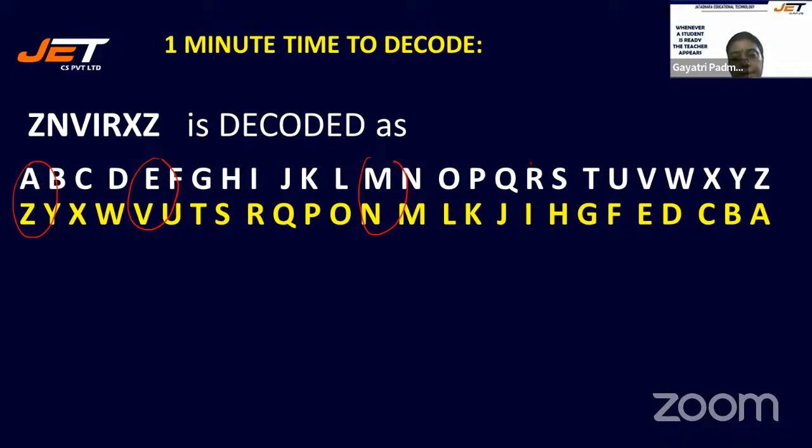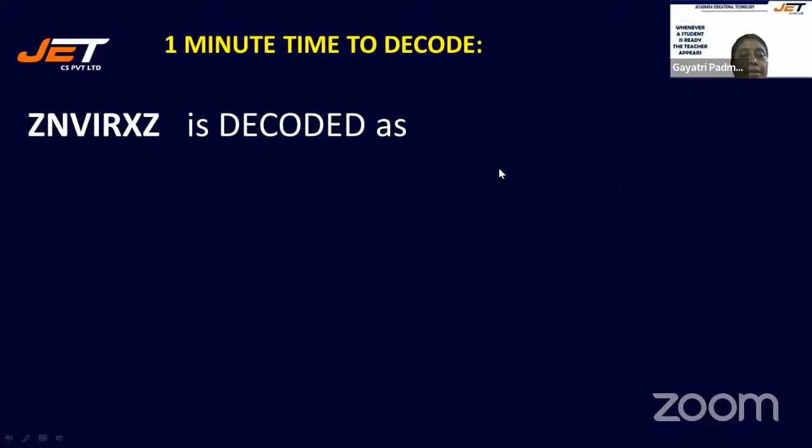And I is here, R. And we have R here. So R is I. We have X is C. Z is again A. All right. So when we decode it, we get it as America. Fine? Yes. Good. Now let us try another one.